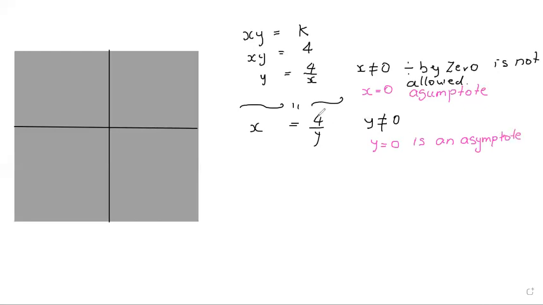So basically what will happen is that if we have 1 here, 2 there, 3 and 4 there, we have a 1 here, 2 here, 3 and 4.